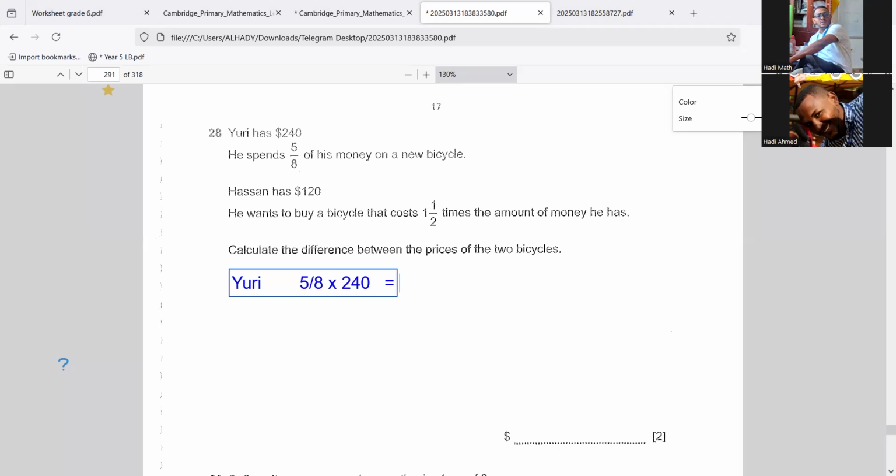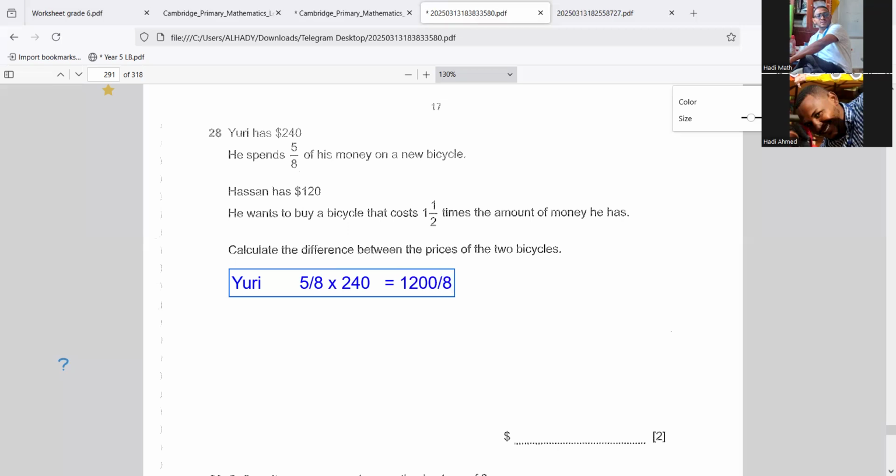If you try to do so, 5 multiplied by 240 is equal to what? You say 5 multiplied by 0 is 0, and 5 multiplied by 4 is 20, so you write 0 and carry over 2. And 5 multiplied by 2 is 10, plus the 2 is going to be 12, so 1,200. Then you divide 1,200 by 8.